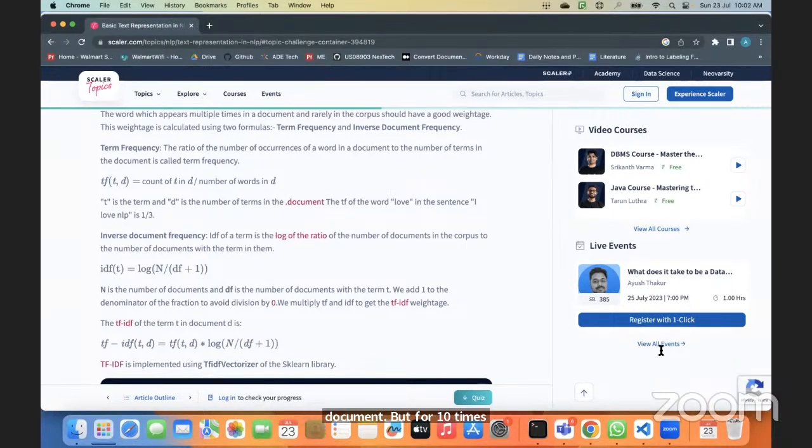Which word do you think, word number 1 or word number 2, should have more importance while encoding? Should we give equal importance to them? Because the number of times the second word is occurring is 10. If we just take term frequency, word number 2 would have more importance, right? But would we want that in all the cases?